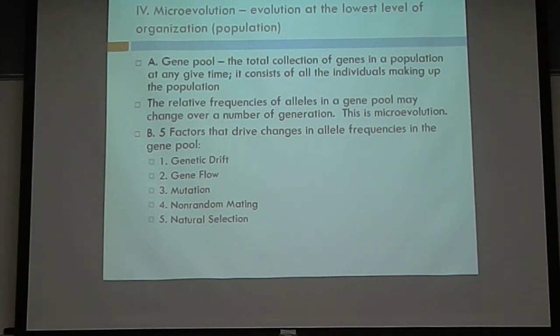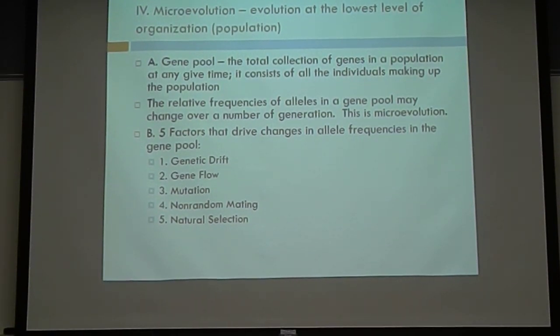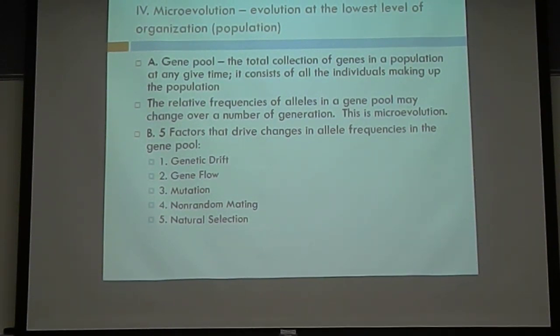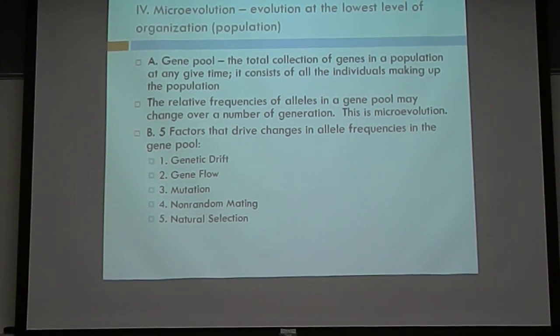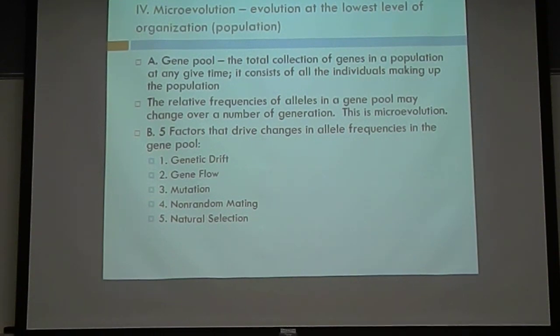However, that really doesn't happen in nature, because there are all sorts of different things putting pressure on the allele frequencies of certain genes in the gene pool. And there are 5 that are major players. These 5 are genetic drift, gene flow, mutation, non-random mating, and natural selection. So in the last part of the chapter, we're going to deal with these 5 forces on the gene pool.